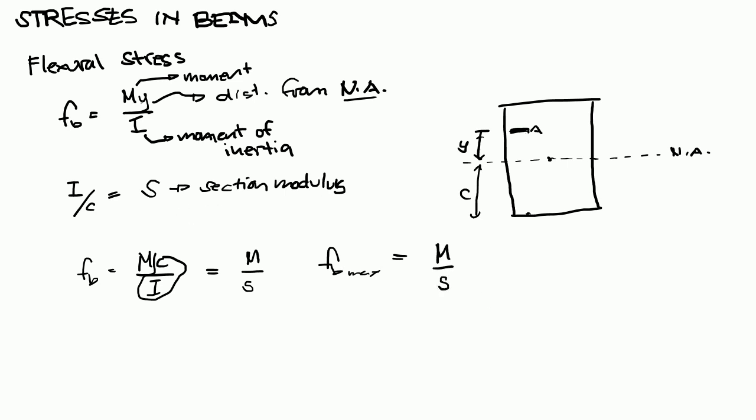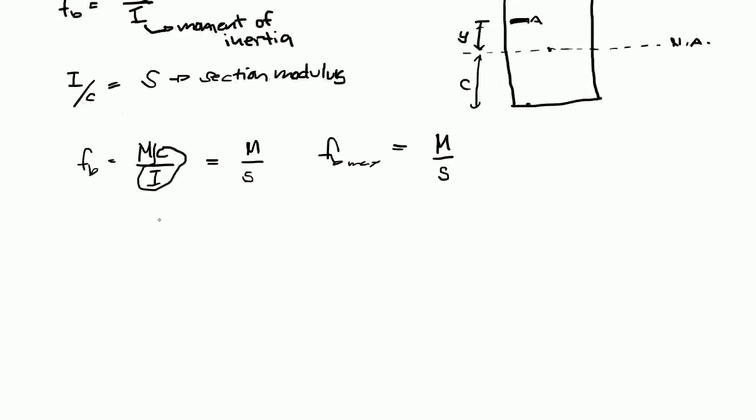Now, ano ba yung section modulus? Ano ba yung moment of inertia na yan? For rectangular sections, so let's have here a rectangle. Okay, for rectangular sections, let's say the base is B, and the height of the section, or the depth of the section, is D. Okay, H na lang, sabi natin H for height.